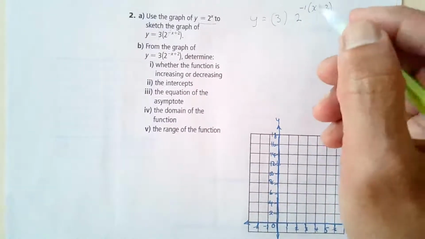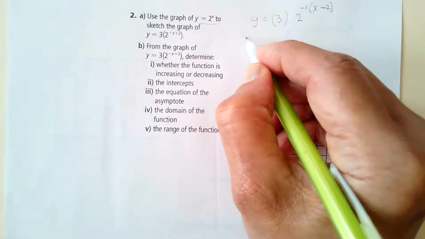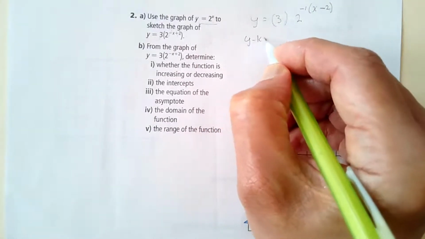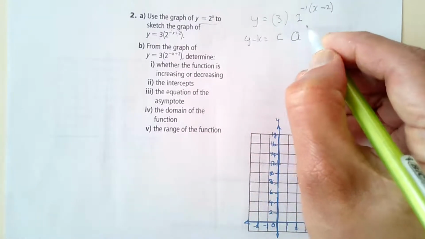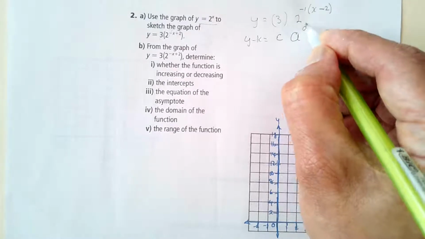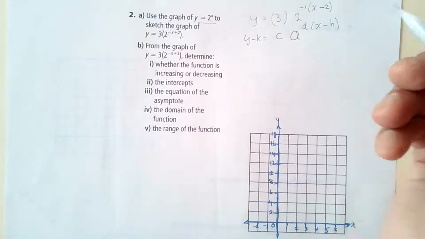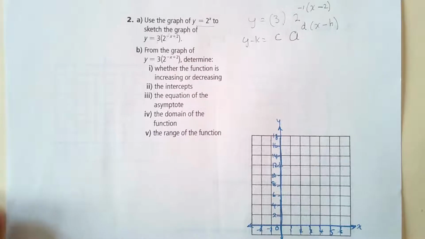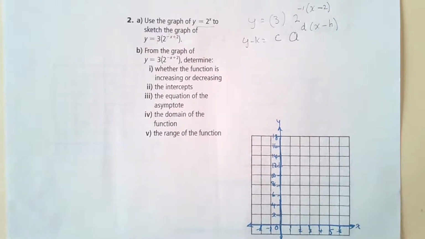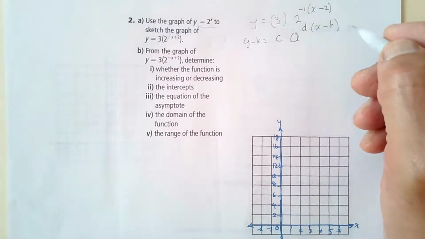The reason for doing that is I'm making it similar to my y minus k is equal to c a, and remember, we have d times x minus h. By doing that, I can identify my c, my k, my h, and my d.